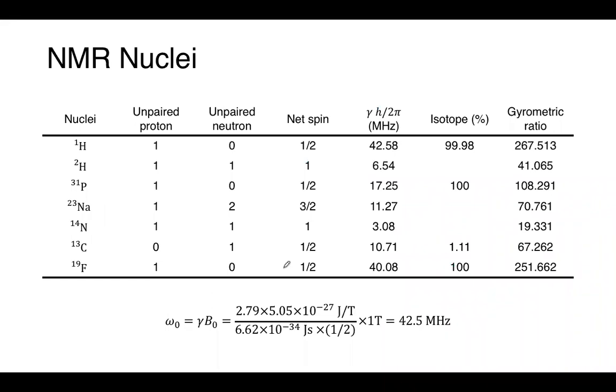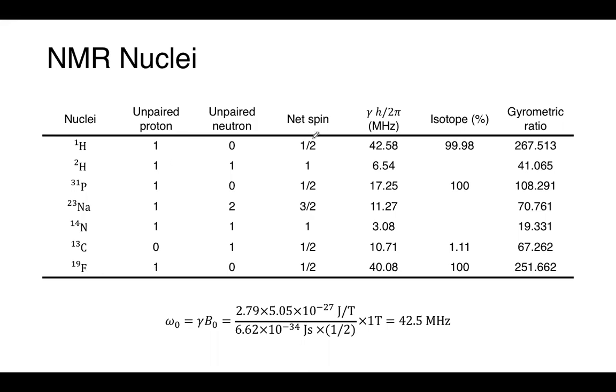So some nuclei have paired and unpaired, or sorry, not electrons, protons and neutrons. So here we have just the regular hydrogen, we have deuterium, we have phosphorus, we have sodium, we have nitrogen, we have carbon-13 and fluorine-19.